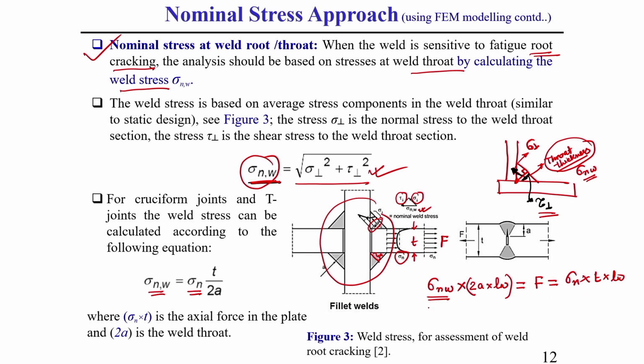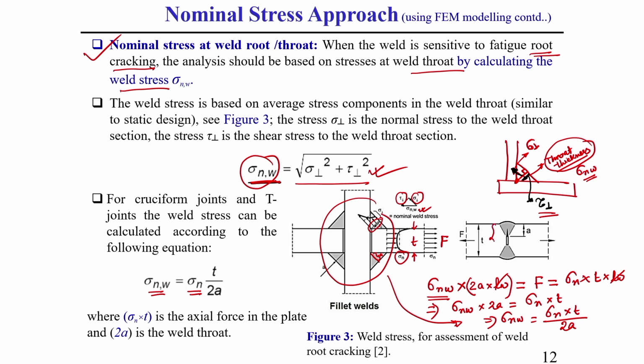If we equate, LW cancels out, so sigma NW into 2A is equal to sigma N into T. So sigma NW we can calculate as sigma N into plate thickness divided by 2A, where two throats are responsible for carrying this load F. This you should keep in mind.